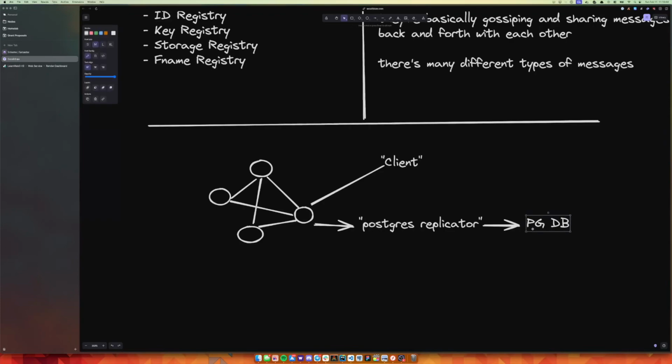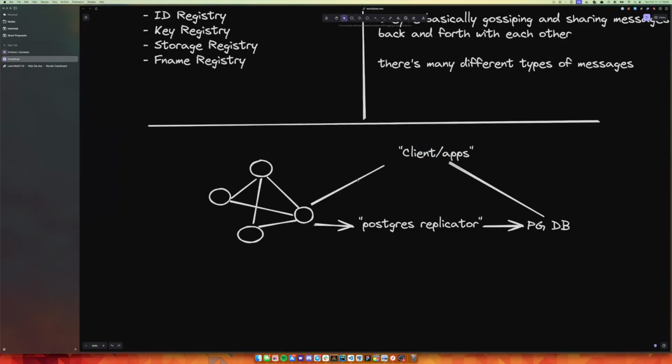And this is a nicer schema. The way the tables are stored in Postgres over here is a nice schema. And then clients, or let me say apps, would oftentimes query the PGDB using the Postgres replicator instead of talking to a hub directly, because they might need that sort of data.